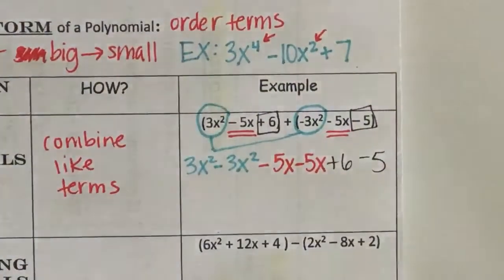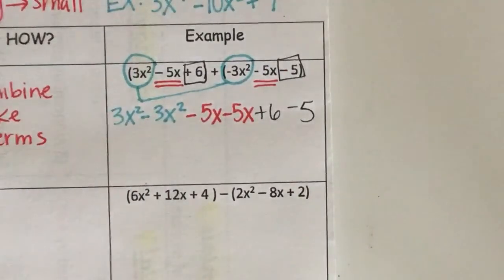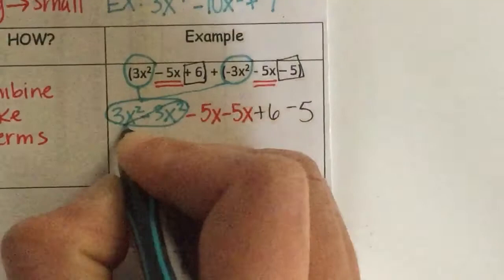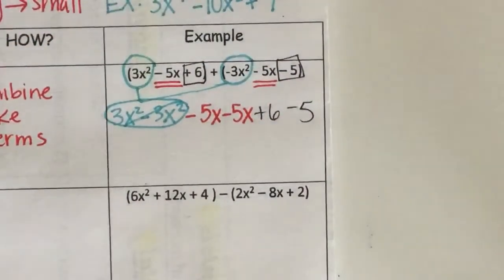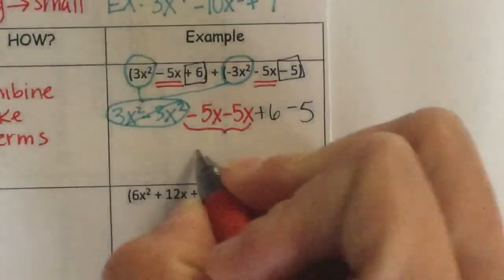So again, start combining. X squared, if you put in your calculator, 3 minus 3, it's 0. So 3x squared minus 3x squared is 0. It's gone. Combine your x's. Negative 5x minus 5x is negative 10x.